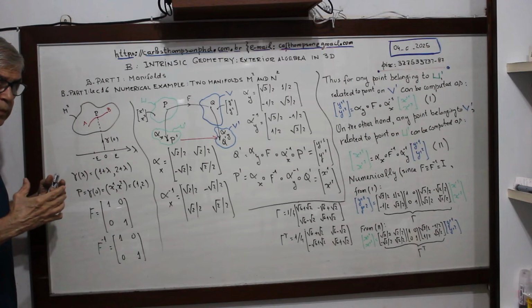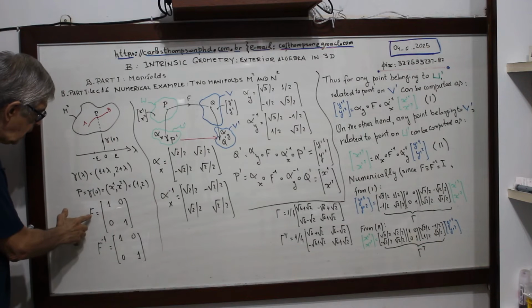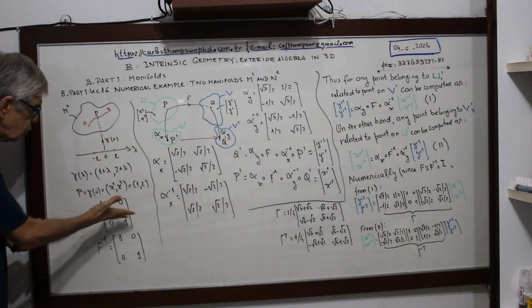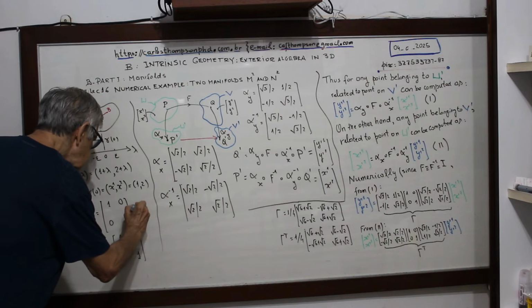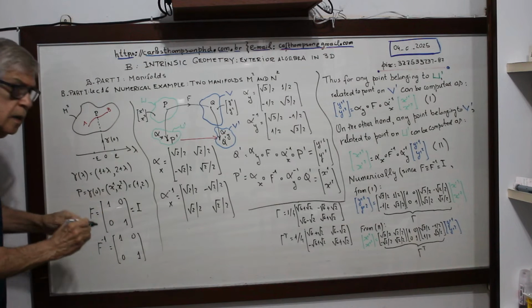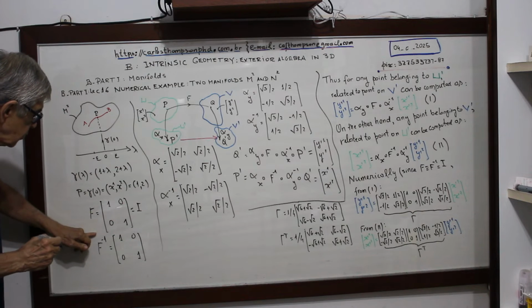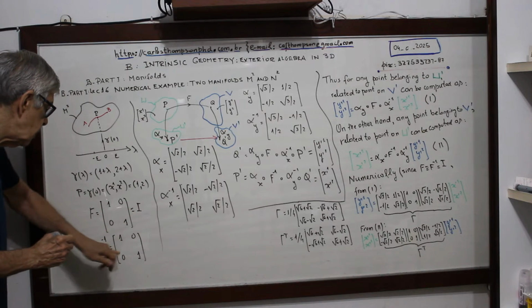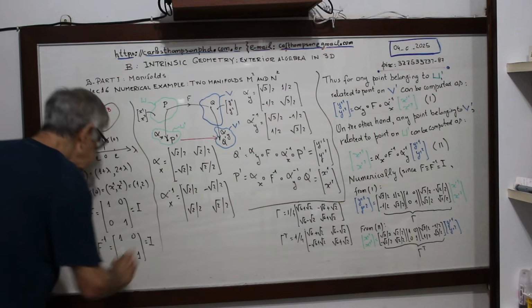Now this is known data, F. I choose the identity, okay? F is the identity, could be another map. F minus 1 is the identity minus 1, which is also the identity.